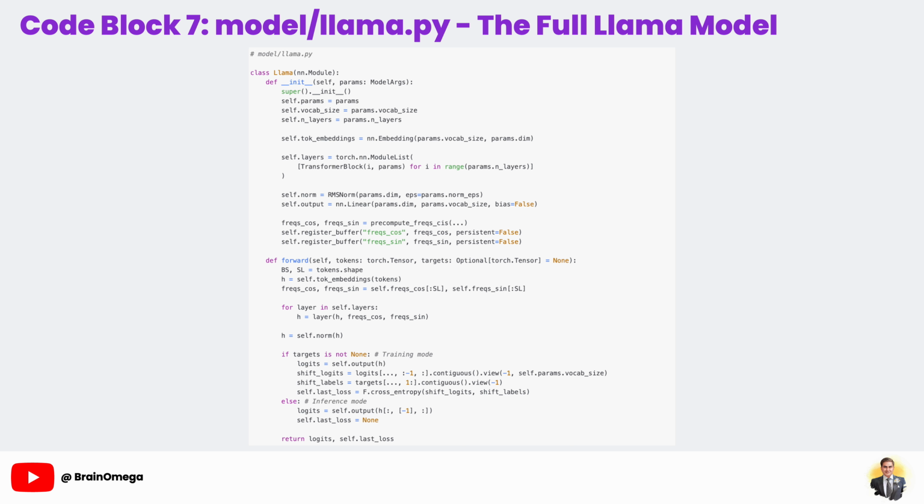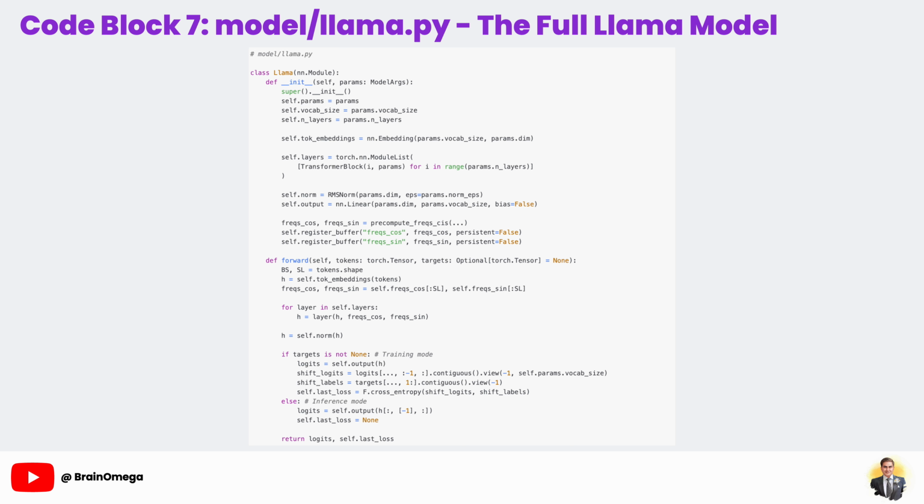Now for the forward pass. It takes our input tokens and optional targets. First, it gets the token embeddings. Then, it slices our pre-computed RoPE frequencies to match the current sequence length. It then passes the embeddings through every single transformer block in a for loop. After the final block, it applies the final normalization. Now we have a conditional check.